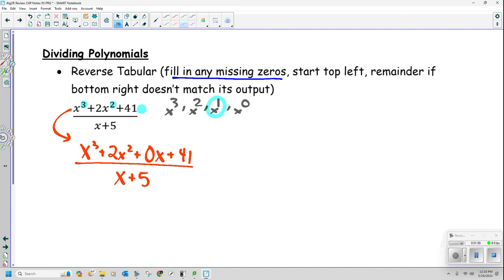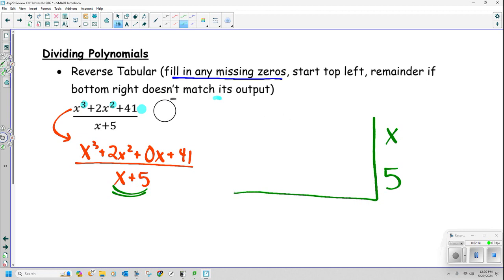How do I set this up? I start by taking my denominator, and that's going to be the right side of this rectangle I'm going to draw. I have an x and a positive 5. Then I draw this rectangle, and I split those two terms right there.